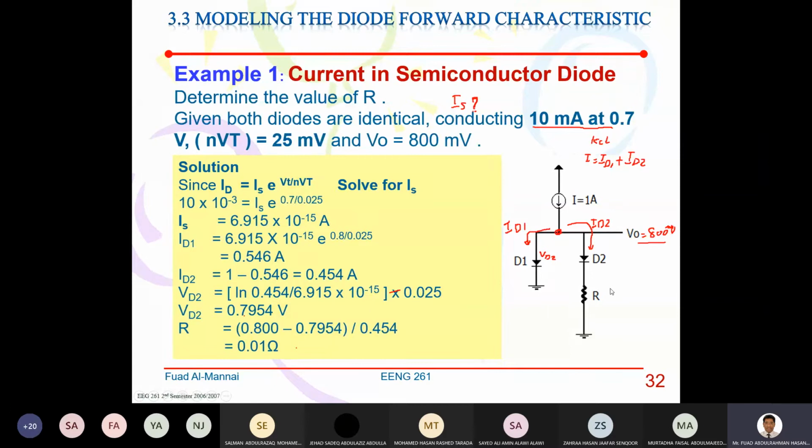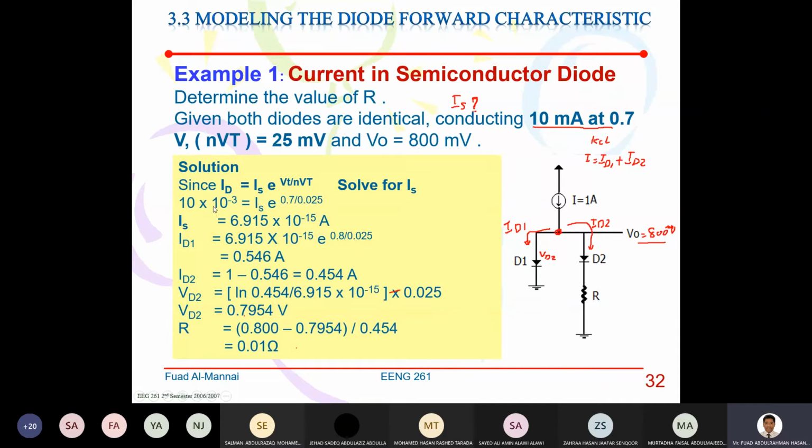But before we do that, we want to use this formula that we just took: ID is equal to IS e to the power VD divided by NVT. We're going to solve for IS.